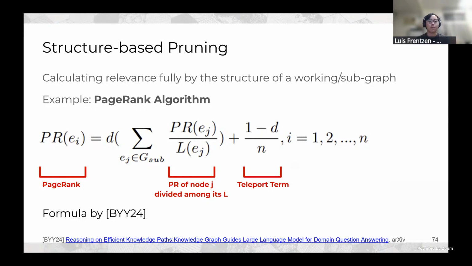Because of course, when you retrieve a set of nodes, there are going to be some nodes that are highly connected, but there are also going to be some nodes that are dangling. And this is the way they wanted to solve that problem. But yeah, basically that is how PageRank works. And most of the structure-based pruning is ranking by a variation of this algorithm.